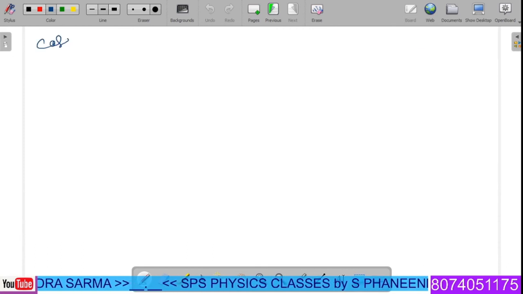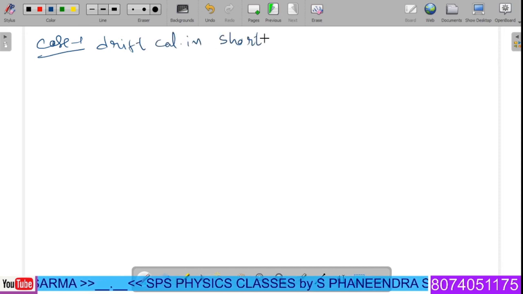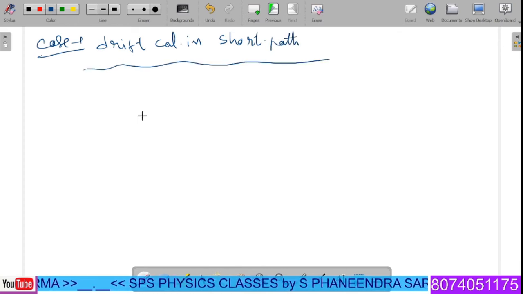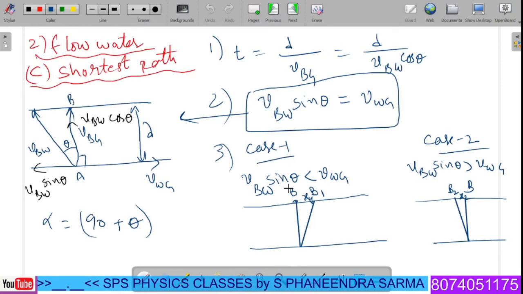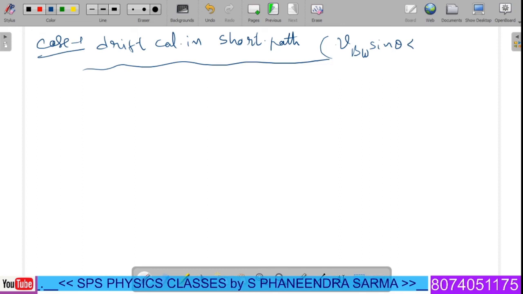Case 1, drift calculation in shortest path. Condition is what? VB sine theta should be less than VW.